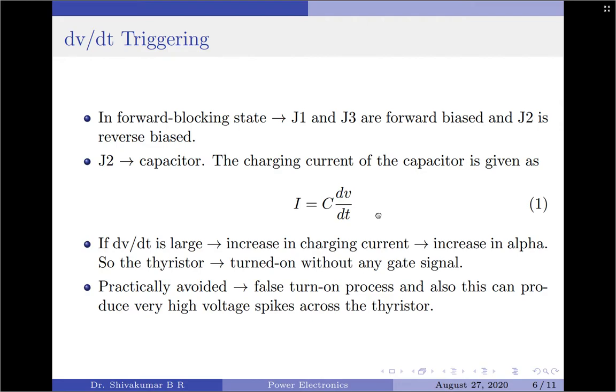So, the thyristor will once again move into the forward conduction mode even when there is no gate signal provided. This particular method is not practically implemented because it is a false turn on process, as well as this can produce very high voltage spikes across the thyristor, so there will be considerable damage to the device itself. So lastly, this is also not a suggested technique for triggering the thyristor.